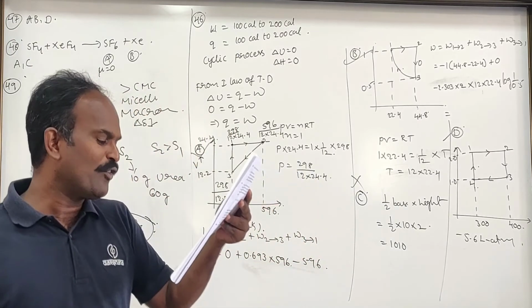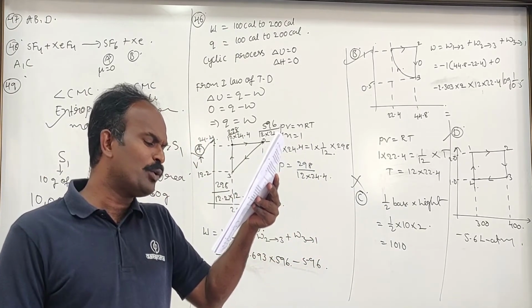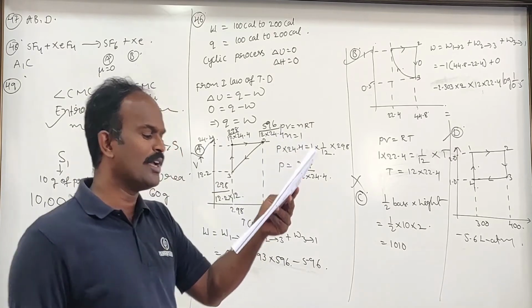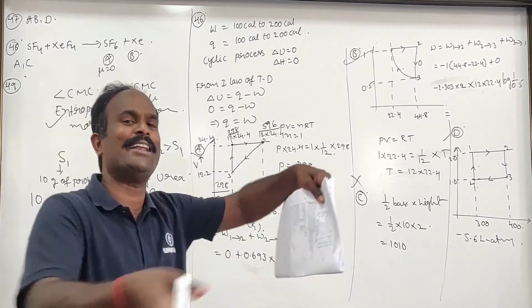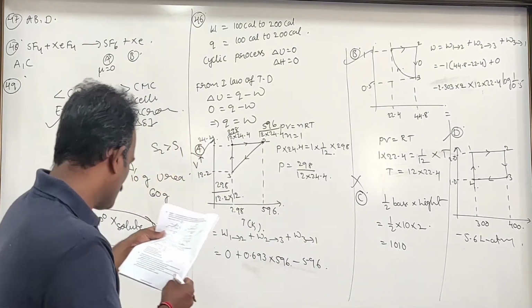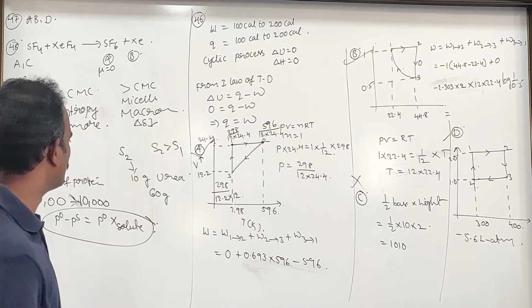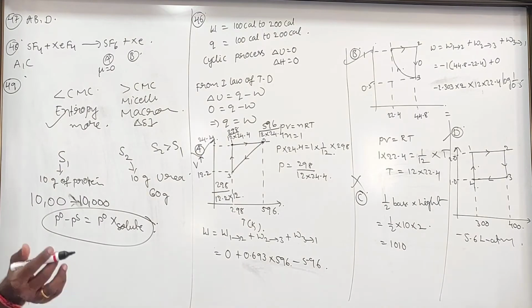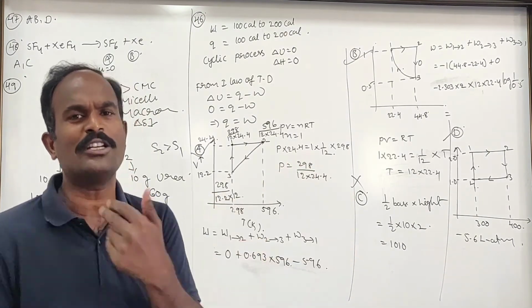Next, the entropy of pure solid solvent is lesser than entropy of pure liquid solvent. This is absolutely true. If you have solid solvent, that will definitely be more orderly arranged. When it is more orderly arranged, its entropy will be less. Next, the entropy of colloidal molecules decreases on coagulation. This is true. Whenever the precipitation takes place, liquid is converting into the solid state.